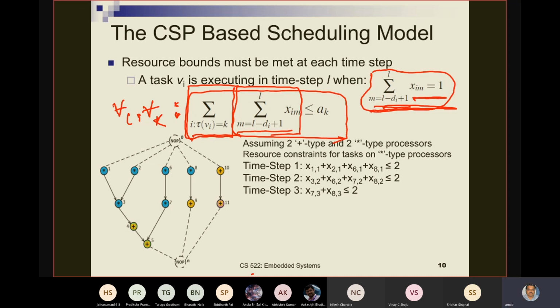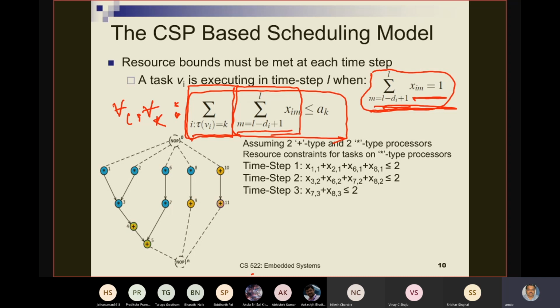For time step 3, you have x73 plus x83. On start type processors, only 2 tasks can execute at the third time step, x73 plus x83, because of the other limitations, ASAP, ALAP, dependency, the unique start time, all these things that we have already studied.